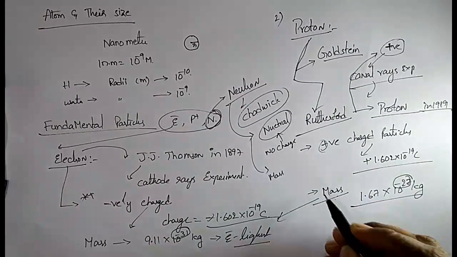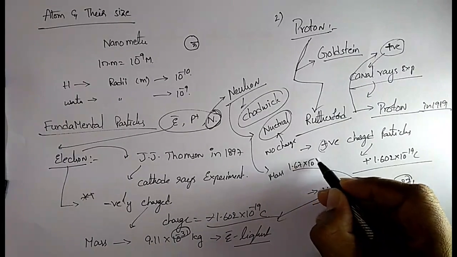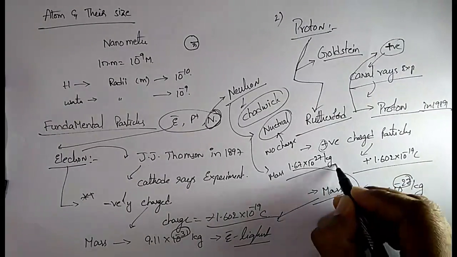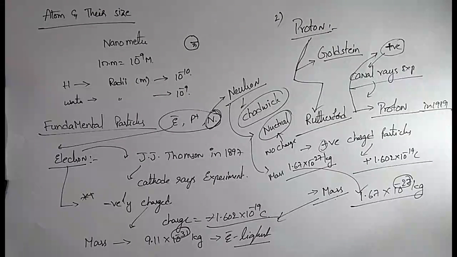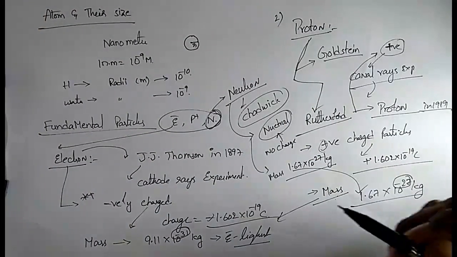The mass is almost equal to the proton, that is 1.67 into 10 power minus 27 kg. Once again, electrons are negatively charged and discovered by J.J. Thomson, protons are positively charged particles, and neutrons are electrically neutral.